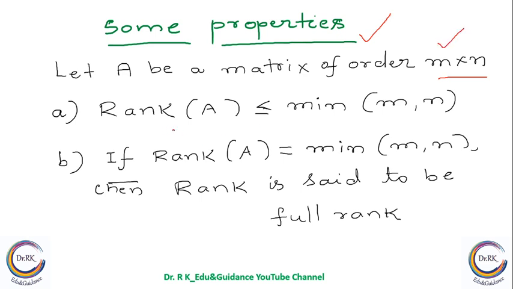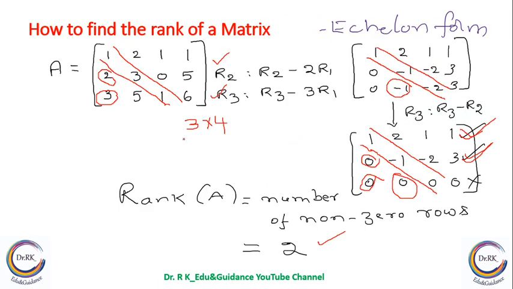Then rank of A is less than or equal to the minimum of m comma n. Suppose you see the example 3 by 4. Here we cannot have rank as 4, because we cannot have 4 non-zero rows. At most 3 non-zero rows, because here 3 is the max.